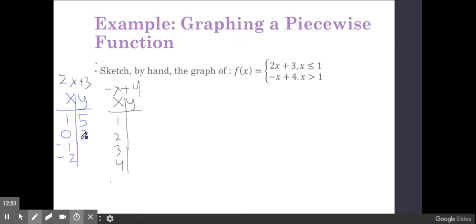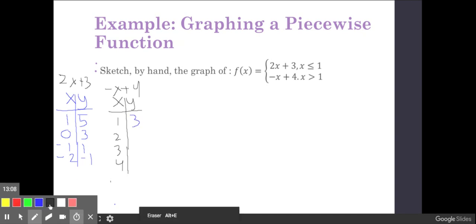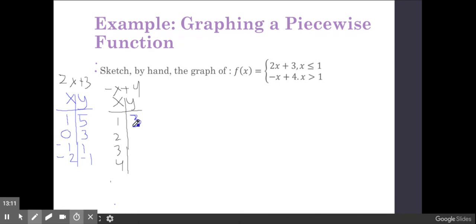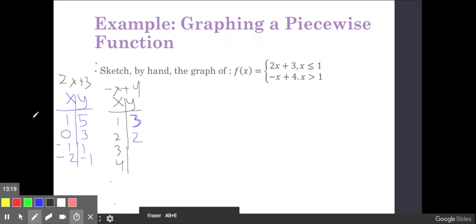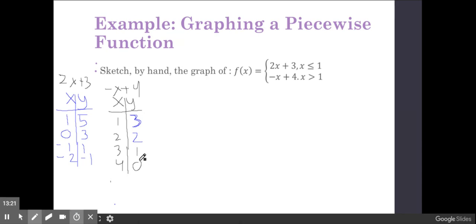If we plug in -1, we get 1. And if we plug in -2, we get -1. So we plug in x in here, and then we get out these y's. Same thing over here. So now we're going to use this equation. So we get 3, then we get 2, and then we get 1, and then we get 0.